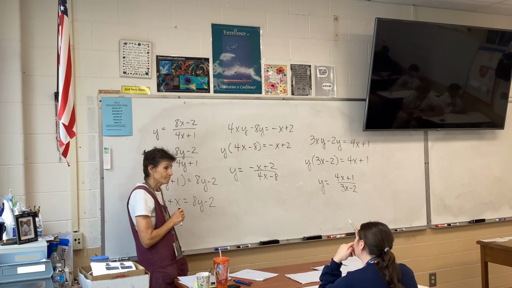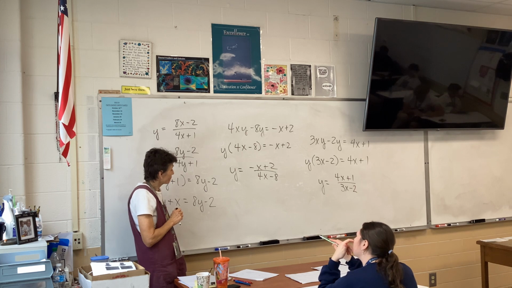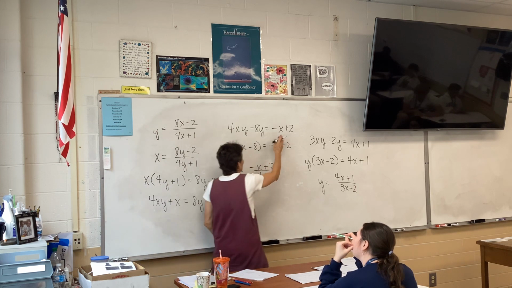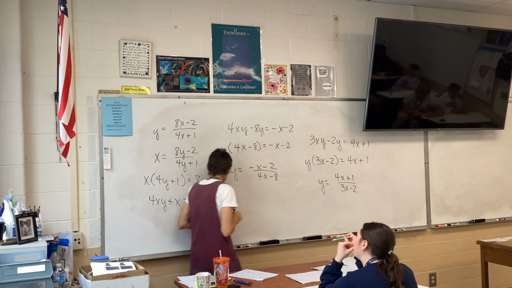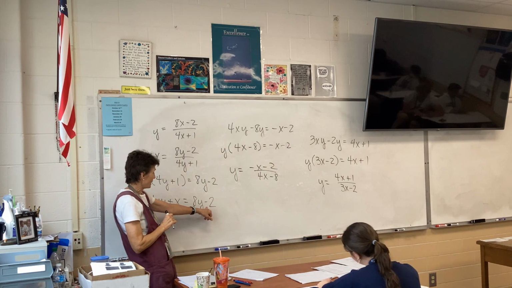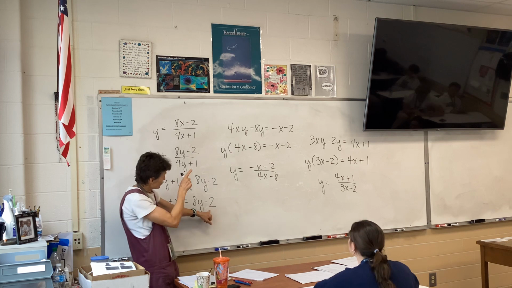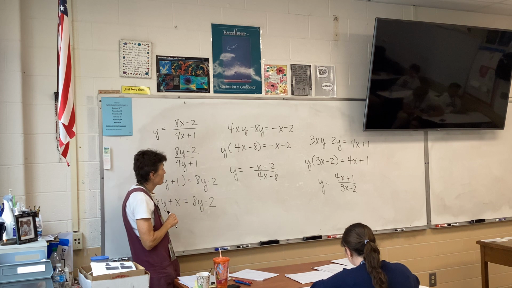I got -2. How did it go from 8 of y? It shouldn't have been plus, it should have been minus. Thank you, Michael. She's exactly right. That's a -2 right there. I didn't move him, so that should have stayed negative. You're right, thank you.